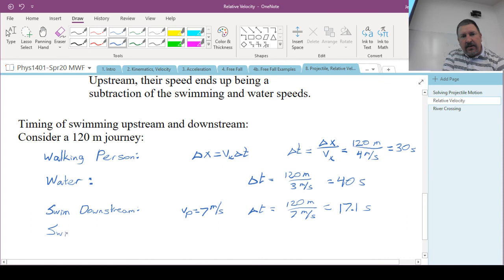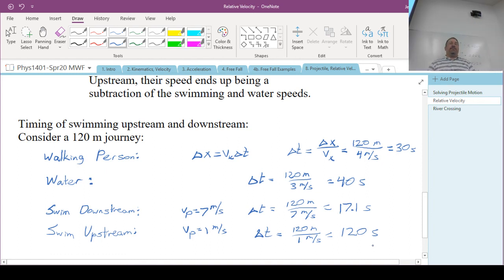And if we swim upstream, then V person is 1 meter per second, and delta t is 120 meters over 1 meter per second, equal to 120 seconds.